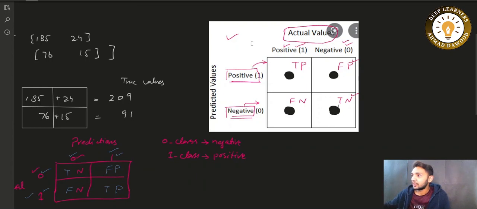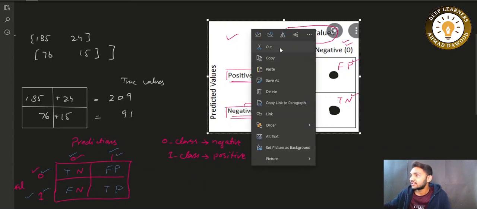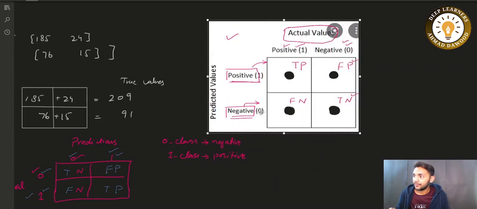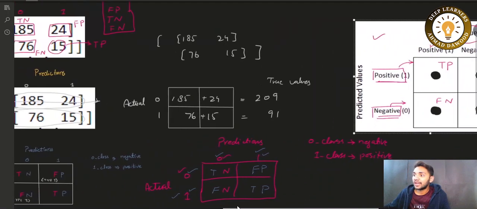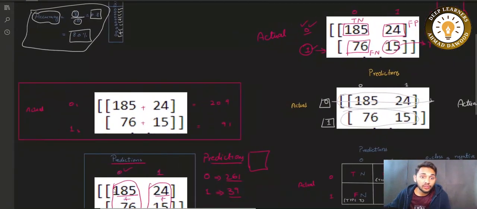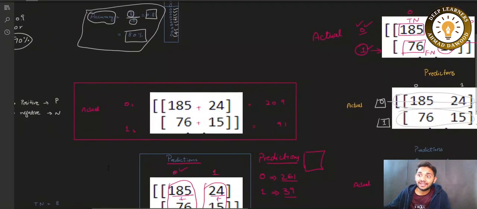If you rotate this, maybe you will find some difficulty. But if you use your concept, you can easily mark which metric each value is representing. So now you have an idea of how the confusion matrix represents the four different values.